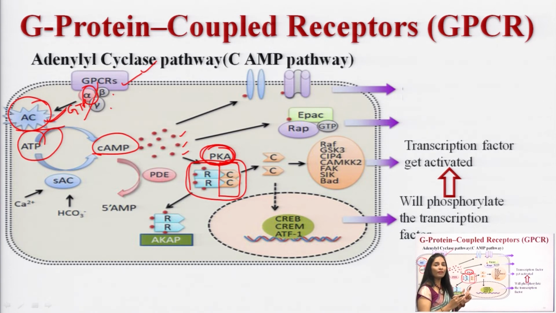And what will happen once the adenyl cyclase has been activated? The ATP will be converted into cyclic AMP, and this cyclic AMP will go and bind to the regulatory unit of phosphokinase A. When it binds to the regulatory units, the regulatory unit will get separated from the catalytic unit.